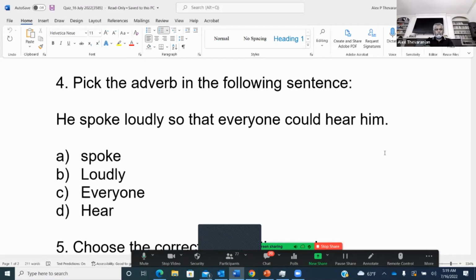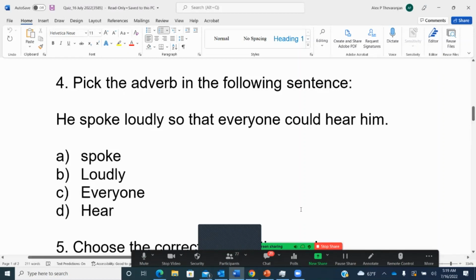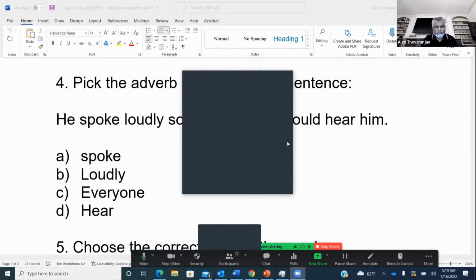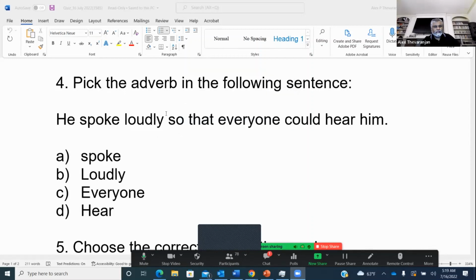What is the adverb in that sentence? Loudly. Okay, very good. Let me check the chat box also. Again, spoke is the verb and loudly is the adverb describing the verb. Right? Very good.